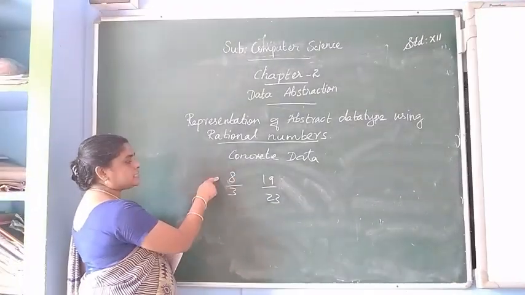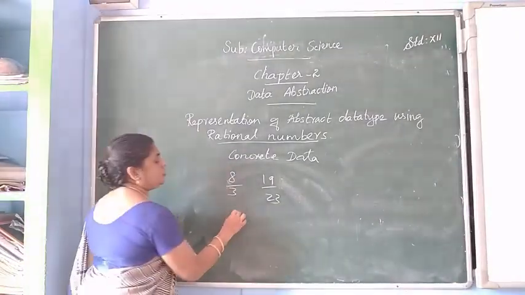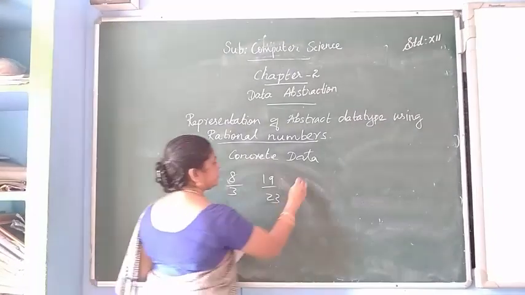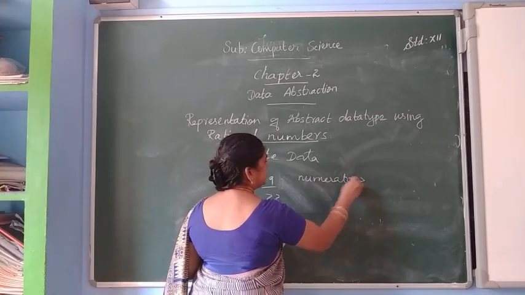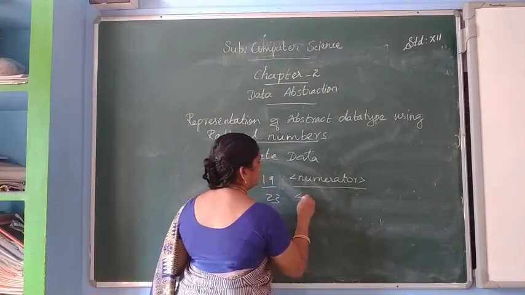What is this? This is numerator by denominator.